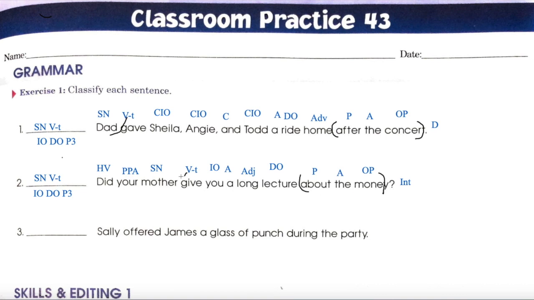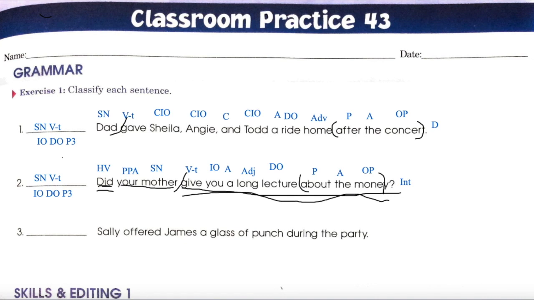We want to divide our sentence right here because your mother is the subject. The rest is predicate. Let's single underline your mother because it's the subject, and let's double underline everything in the predicate. Sorry, my double underlining looks terrible. But there you go. All right, that is sentence 2.